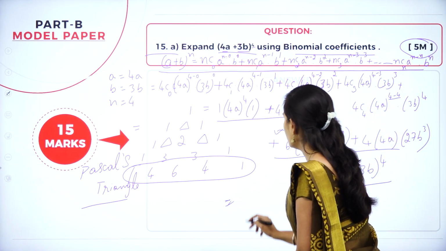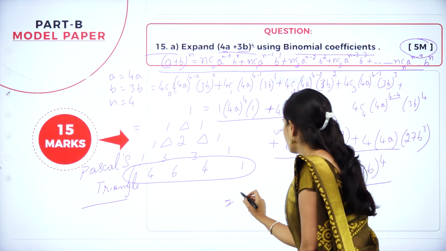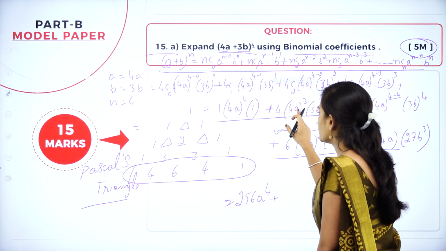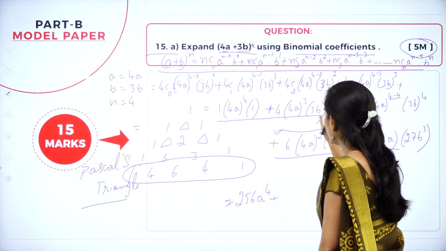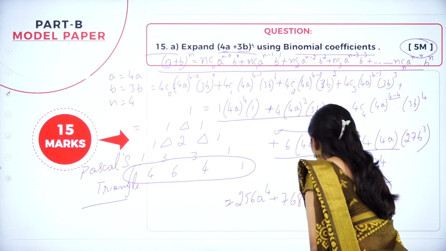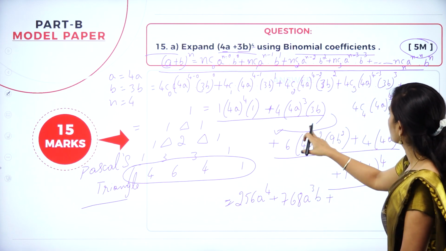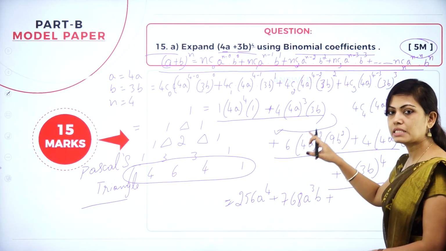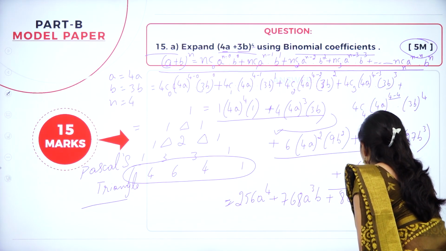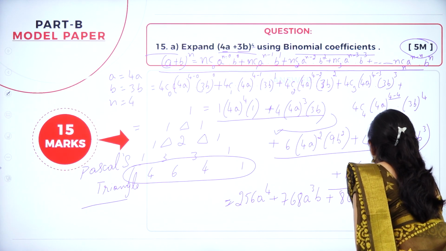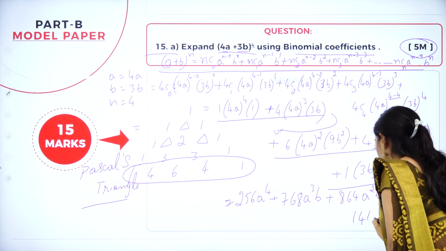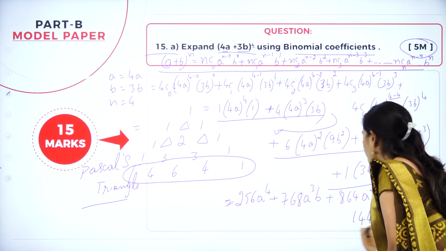Simplify this: 4A power 4, so 4 into 4 into 4 into 4 is 256 A power 4, plus 4 into 4 power 3 A cube into 3B, so you will get 768 A cube B, plus 6 into 4 square means 16 into 9, so you will get 864 A square B square, plus multiply this, you will get 144 A B cube.